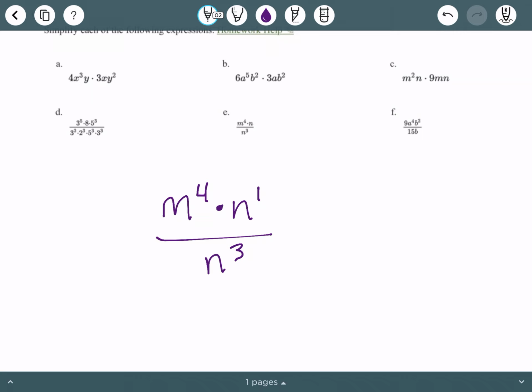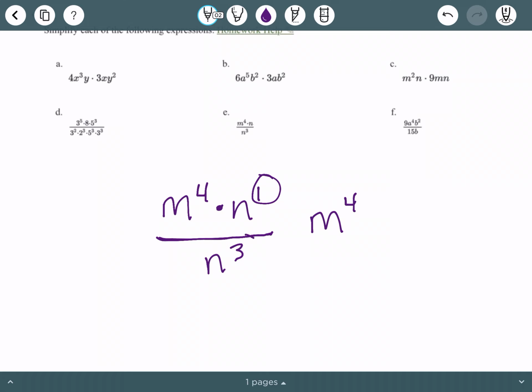So you'll notice that I am dividing, and when I divide, I want to subtract exponents. M to the 4th, I don't have anything to subtract from, so that's going to stay m to the 4th.